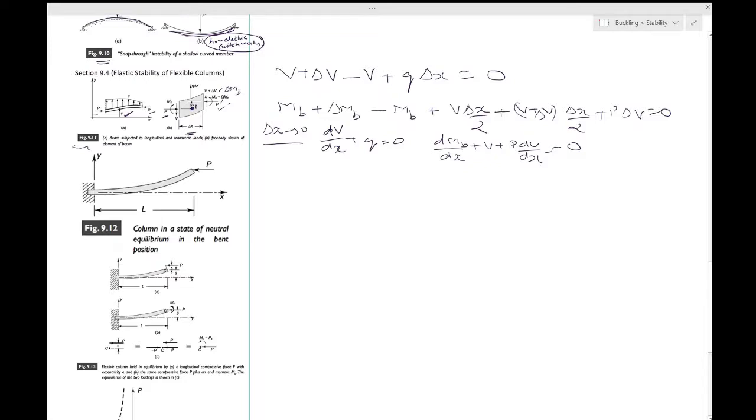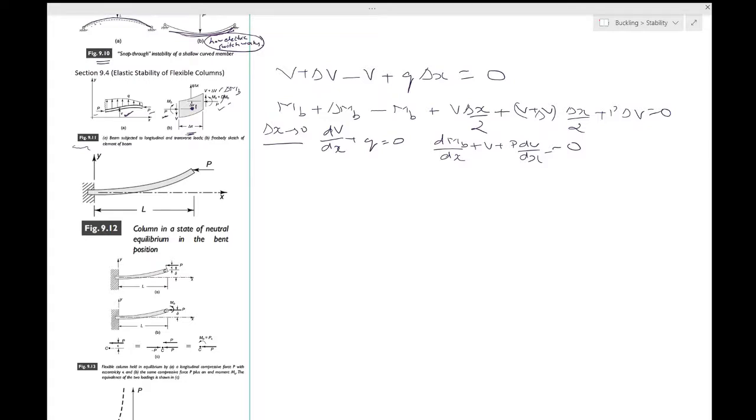You will also ignore some of the terms which are small, for example delta V into delta x is made up of two very small terms, so the product of that will be 0. That is what we mean by discarding infinitesimals of higher order. So higher order terms, like squared or cubic of infinitely small terms, will be ignored.